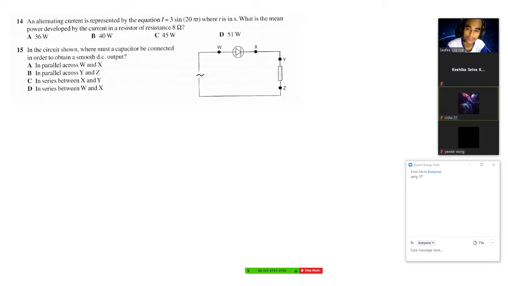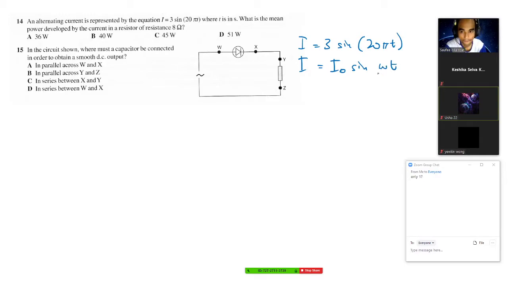Question number 14. An alternating current is represented by the equation I equals 3 sin 20 pi t, where t is in seconds. What is the mean power developed by the current in a resistor of resistance 8 ohm? So I equals 3 sin 20 pi t. In the general equation, you know that I equals I naught sin omega t.